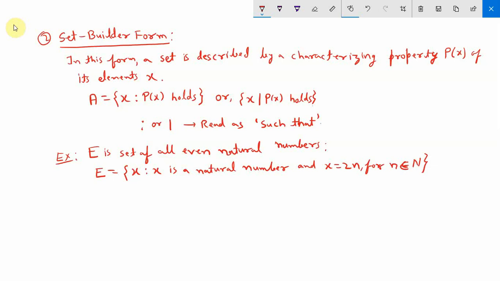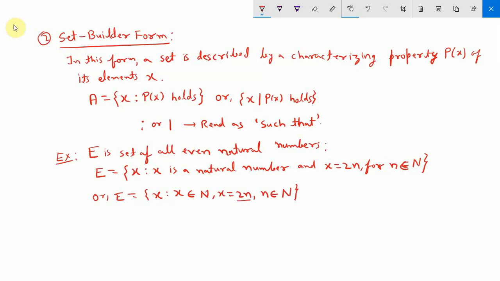We can write like this, or even we can write as E equal to x such that x is an element of N, x equal to 2n, and n is an element of N. If we write 2n, then it will be even only.